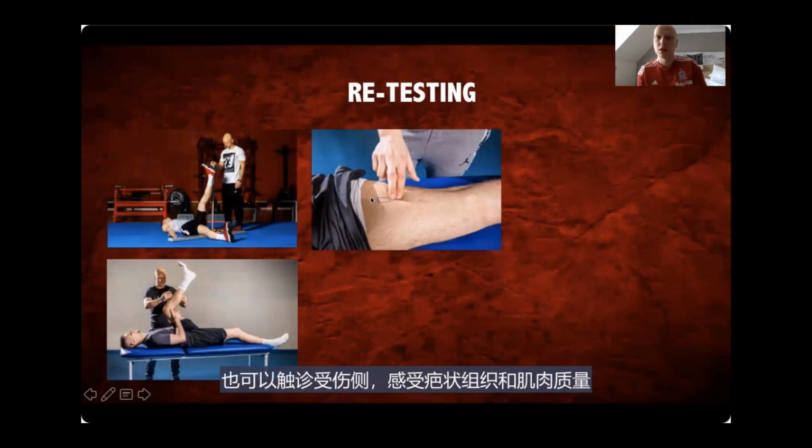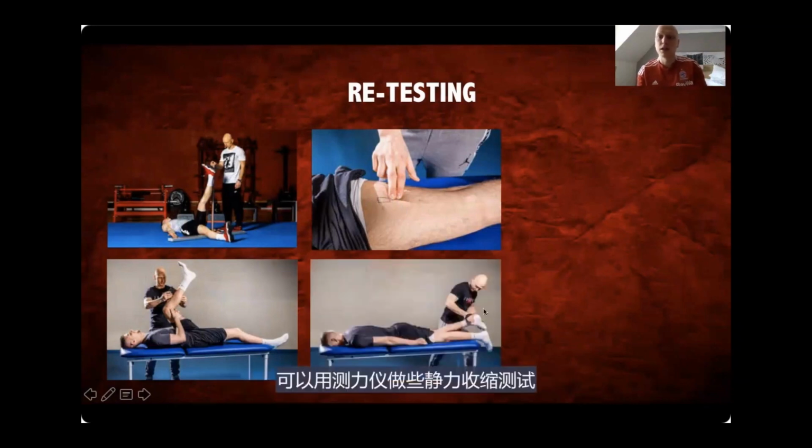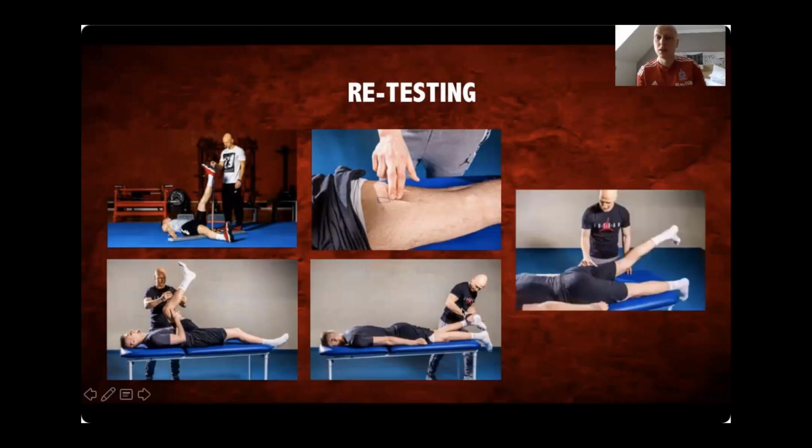We can press around until we reach the scar tissue and the injured side to see how tender this part of the leg is. Then we can do some strength tests, isometric strength tests when it comes to dynamometry.